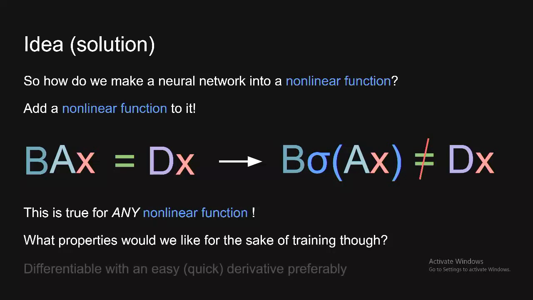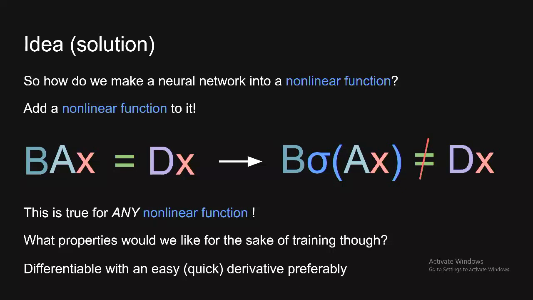So let's talk about them then. The one that I put on here, which is one of a few that we're going to talk about, is that we would like it to be differentiable, and in particular, we want it to be very quick to derive. Now that we're in the realm of multi-layer networks, things are about to get a lot slower for us. This is where we start to have issues.